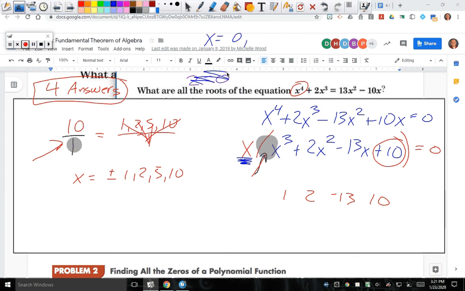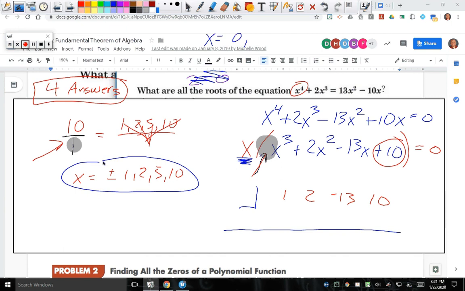Hold up just real quick. We're going to take these possible ones, and we're going to start with 1. For the sake of saving paper, just look up here right now. With 1, we copy, we multiply, we add. We multiply, we add.